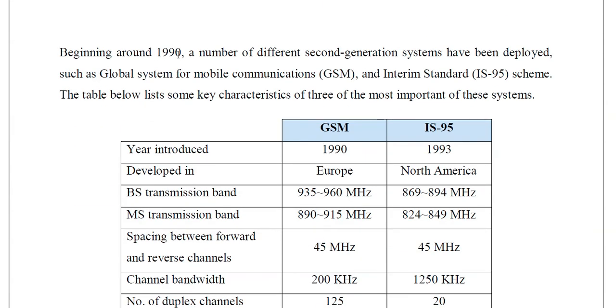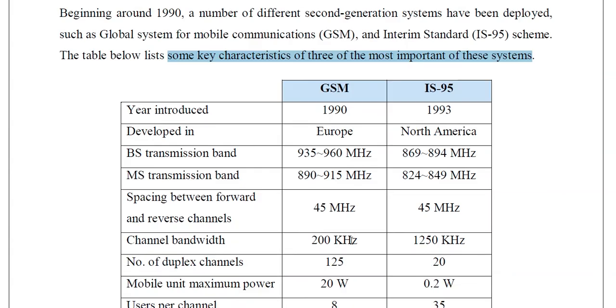Beginning around the 90s, a number of different second generation systems have been deployed, such as GSM or IS-95. The table below lists some key characteristics of the most important of these systems.